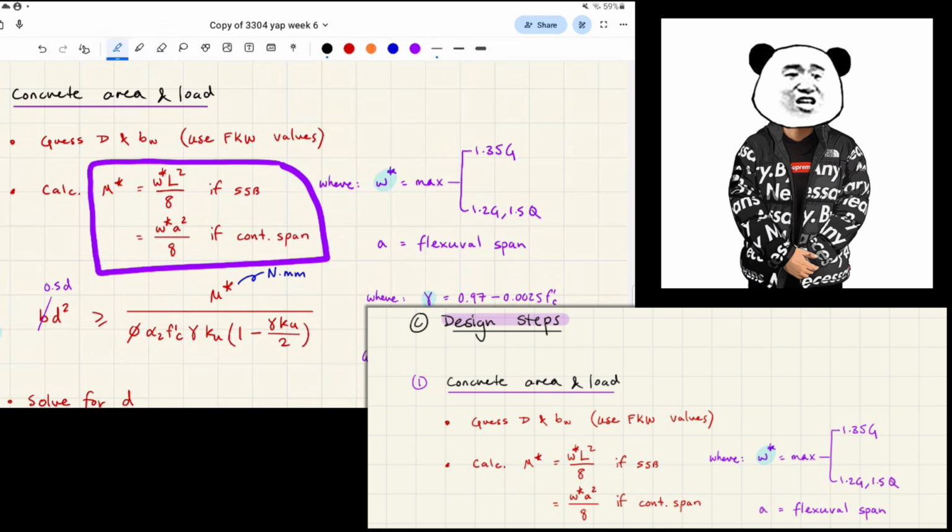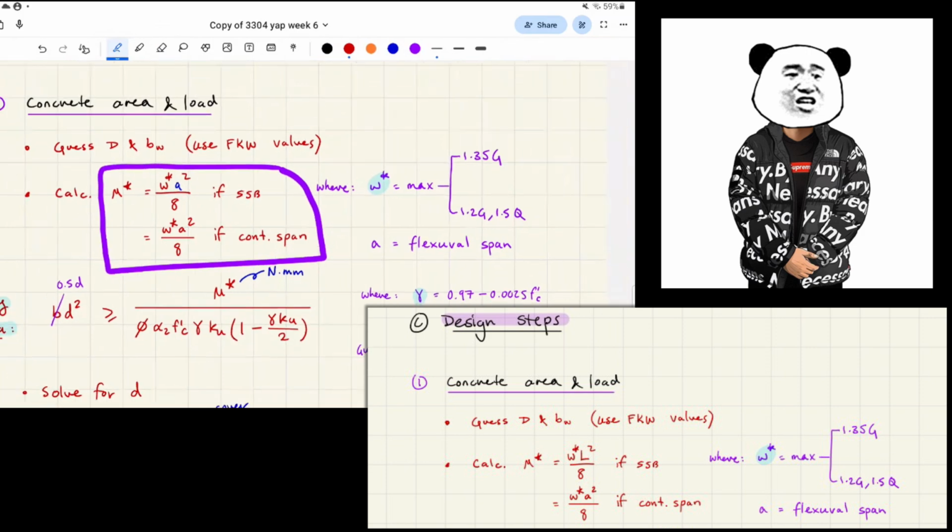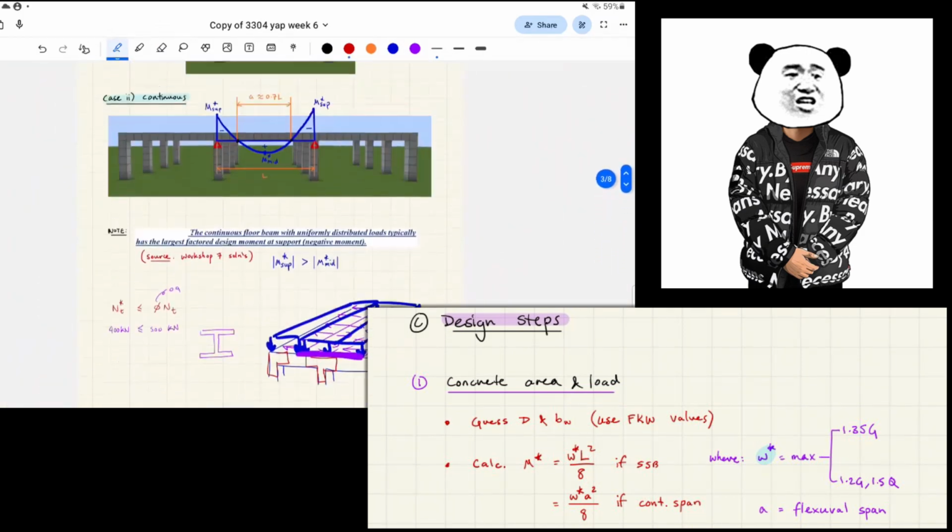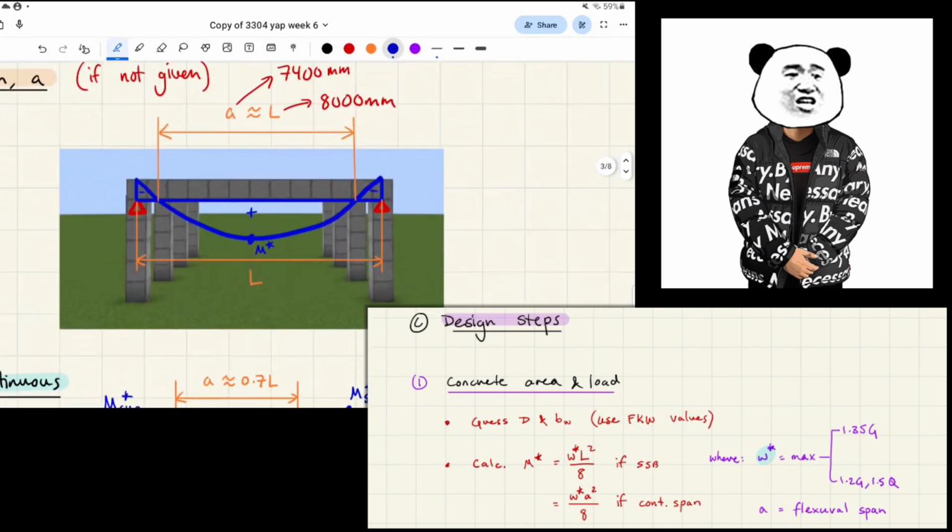Basically, if the length and the flexural span are different numbers, even if it's simply supported, I would still take A, which is the flexural span, because they explicitly give it to you. What we're trying to work out is this M star value. It'll give you a more accurate number if you input the flexural span, which is A. Does that make sense?